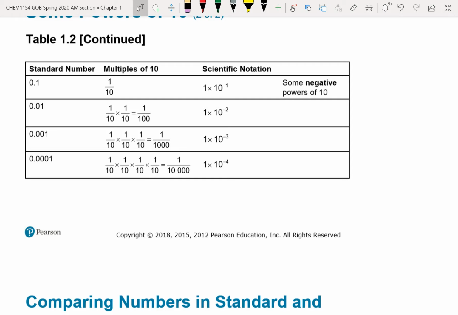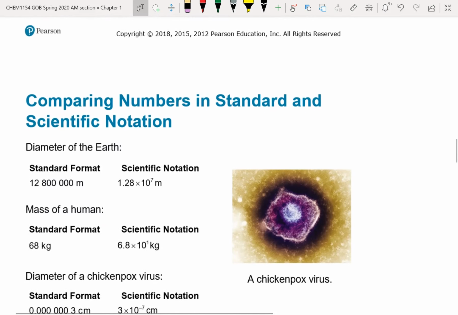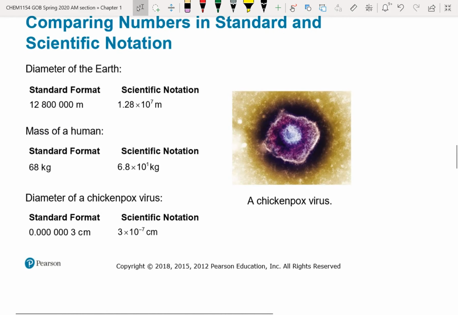So positive exponents mean big numbers, and negative exponents mean small numbers, tiny numbers. The bigger the negative value, the smaller the number actually is. Once we start dealing with these numbers, it's going to make a little bit more sense, especially when we start comparing them or giving you some examples of things that you may encounter that are going to be on these really big or really small scales.